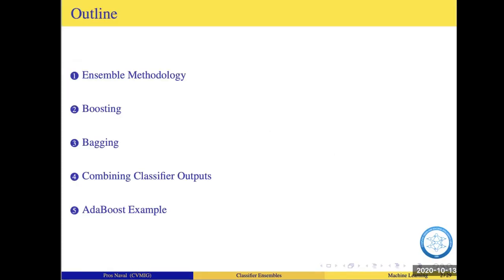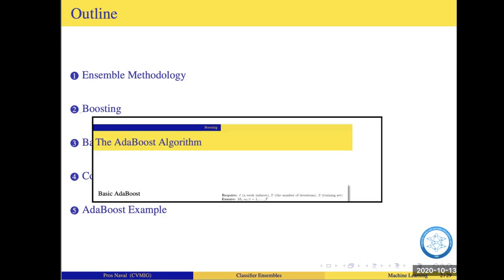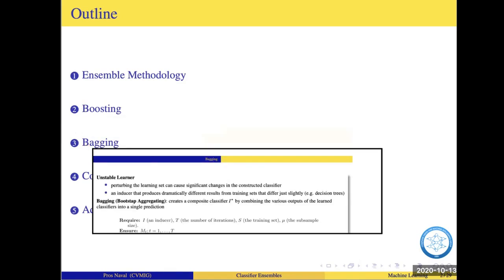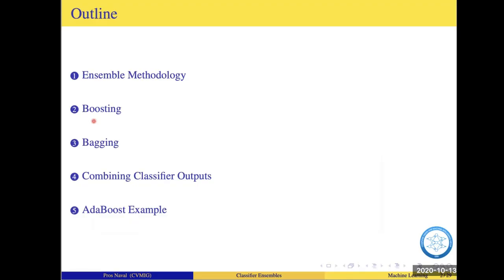I will introduce the rationale for combining several models, and then we'll proceed to discuss the two general classes of ensemble models: boosting and bagging, and different methods for combining the outputs of the classifiers. And finally, we'll have a worked out example for a boosting classifier called AdaBoost.